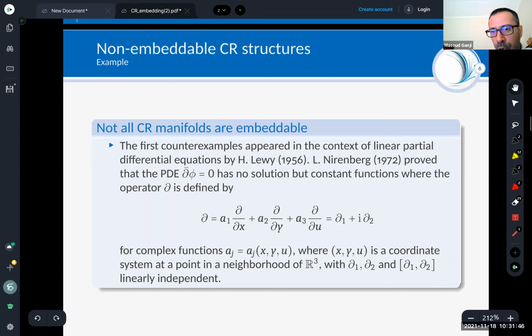X, Y, and U are coordinates in the real manifold M. If you expand this operator, you get D1 and D2. And it says D1, D2, and the commutator have to be linearly independent. So not all CR manifolds are embeddable, and this is probably the first counterexample in this context.